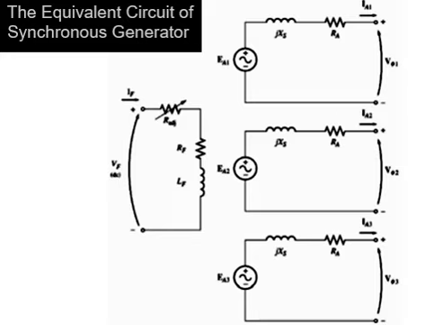So now we can see that the individual phase circuit is similar to the equation we obtained in the last slide. So this is the same circuit.